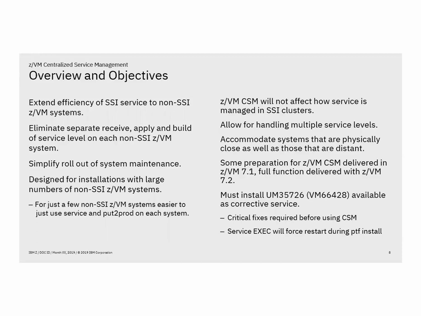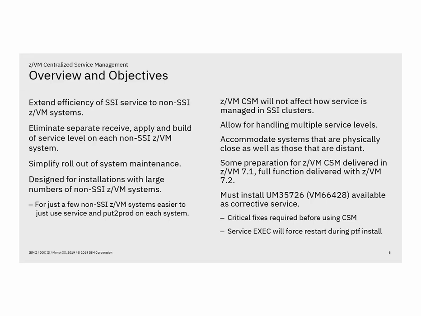One thing I want to call your attention to on this slide is a PTF UM35726, the APAR VM66428. This is crucial service that needs to be installed on the VM systems that are going to be participating in CSM before you use CSM.